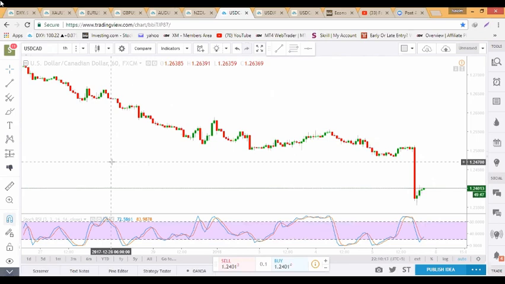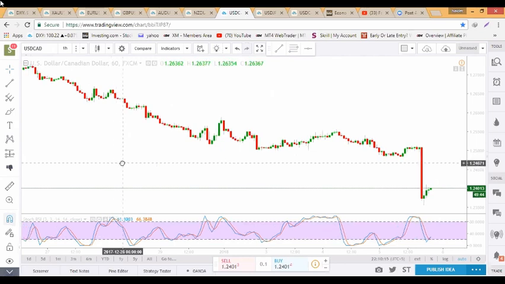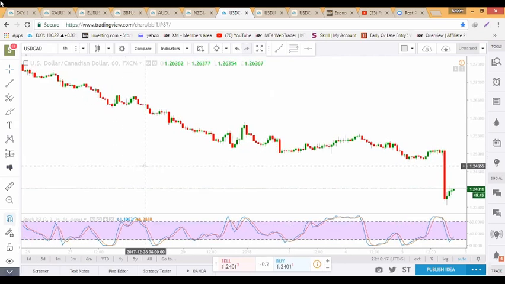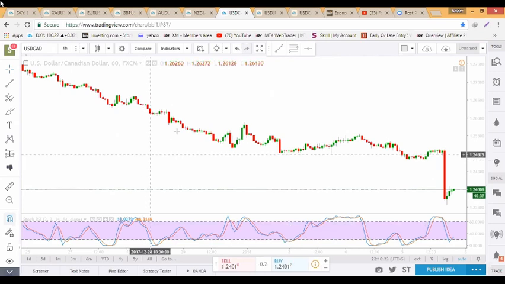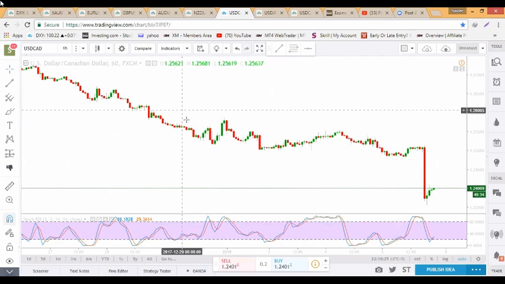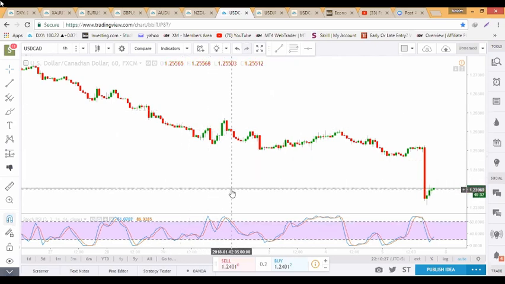Canada is rich in oil and other resources too, even precious stones, and their economy is also doing very well. So if the oil prices are up, the USD CAD pair is down, or if oil is down, the pair goes up. So every time we trade the Canadian dollar, we have to keep the oil prices in mind too.